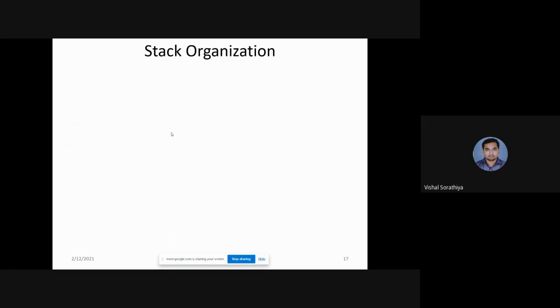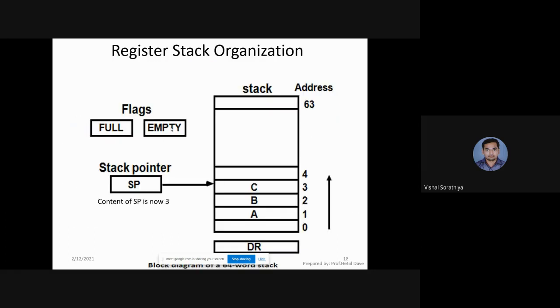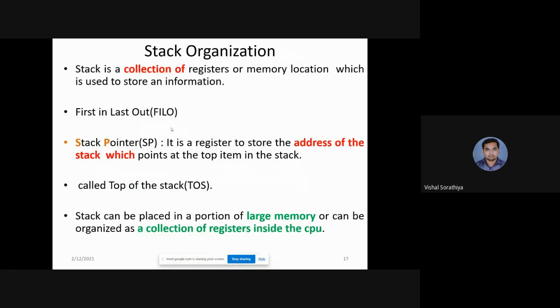So we will discuss stack organization. A stack is a collection of registers or memory locations used to store information. A simple stack is nothing but a collection of registers. Think of a book stack, where several books are stored one on another, one on another.